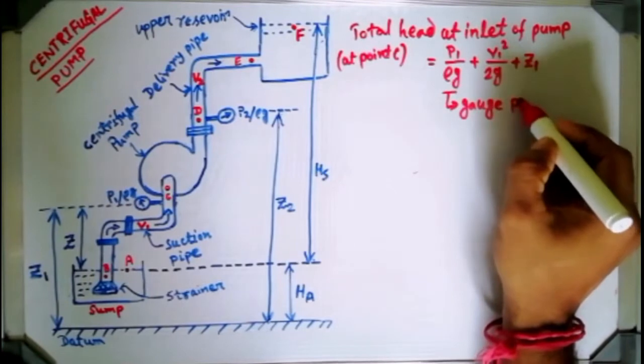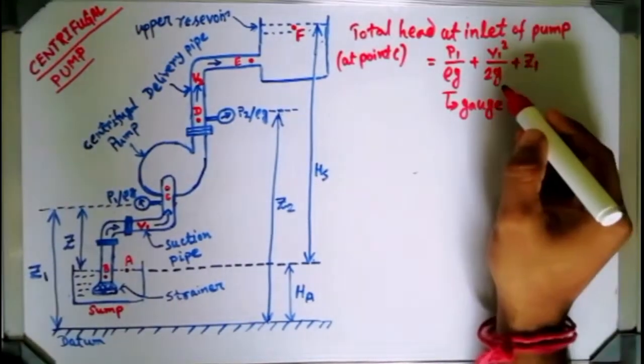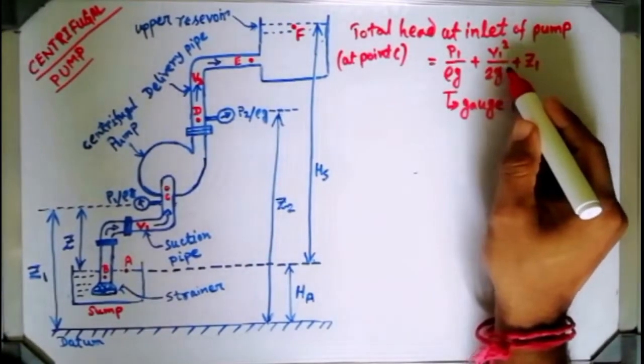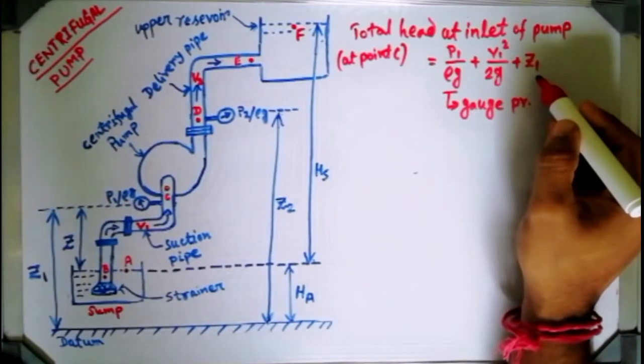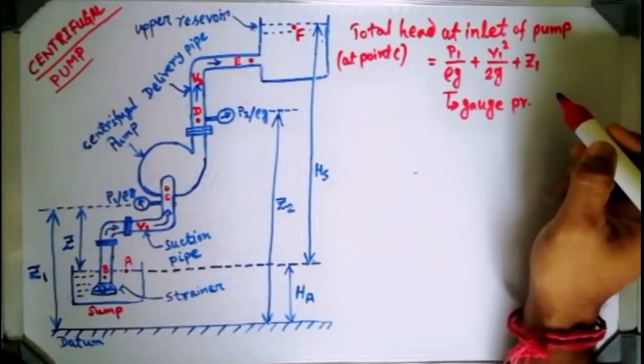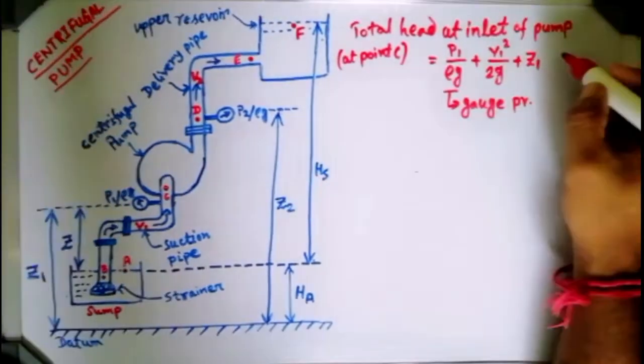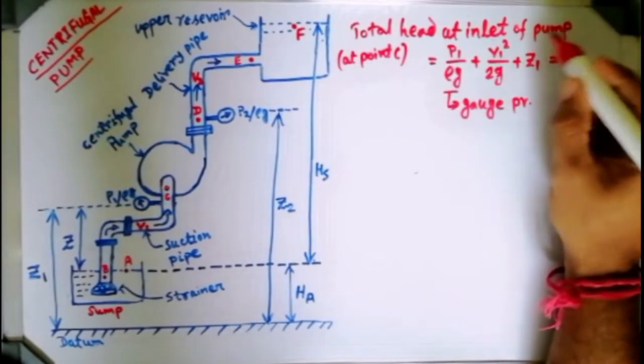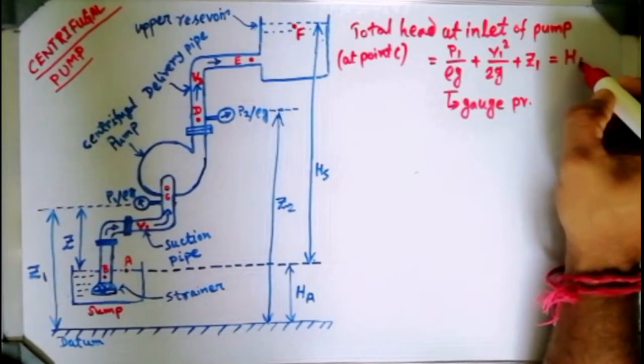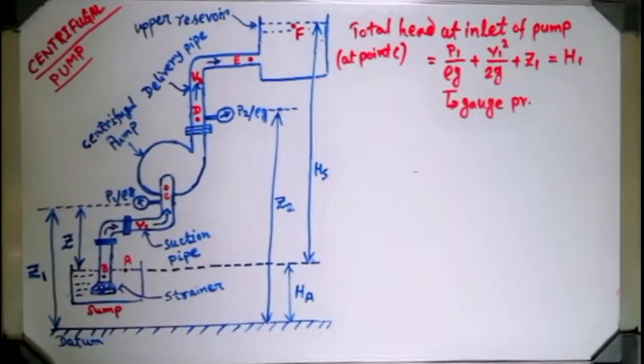Then v1 is the velocity at the pump inlet, and z1 is the elevation available at the inlet point of the pump. This is the inlet point C, and this total head can be referred to as H1.